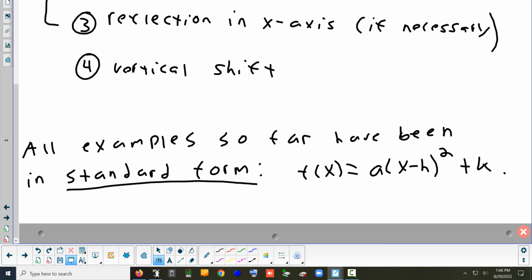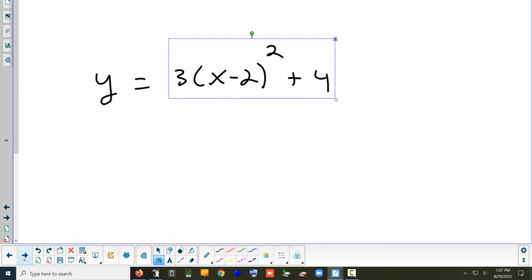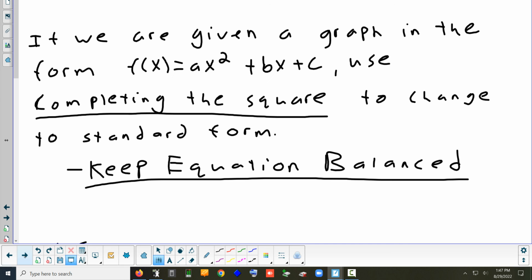And I'm going to show you how to take something that's not in standard form and get it in standard form. So if you're given that, to change it to standard form, we're going to complete the square.